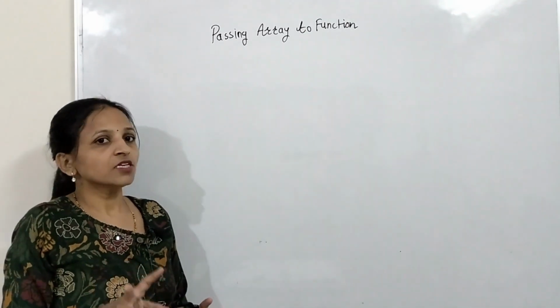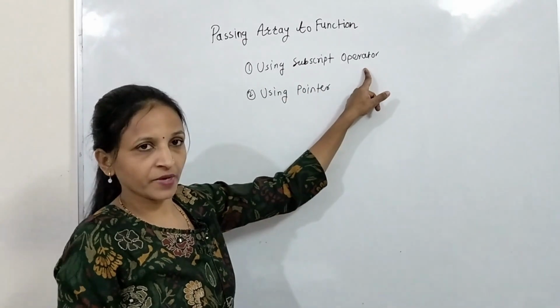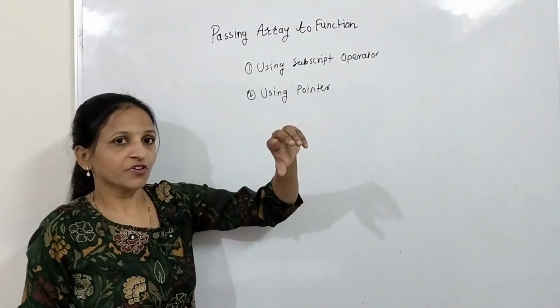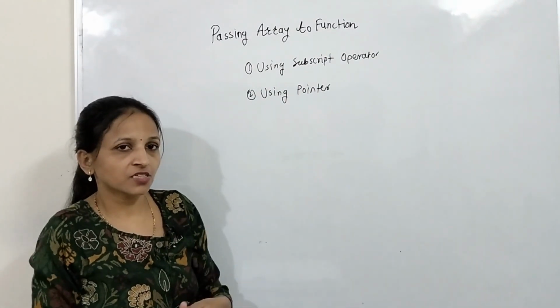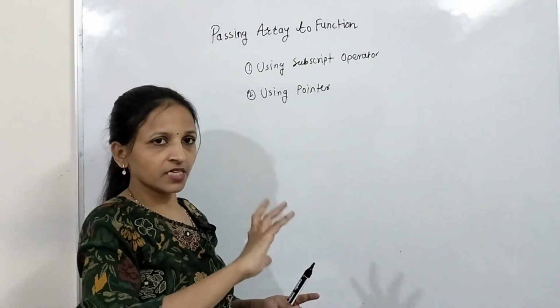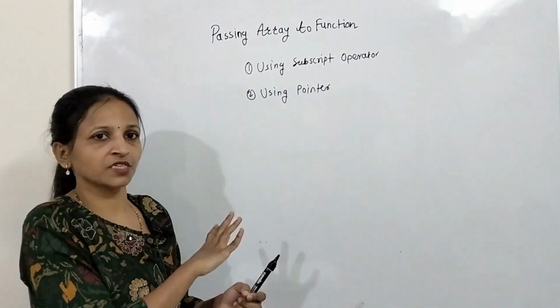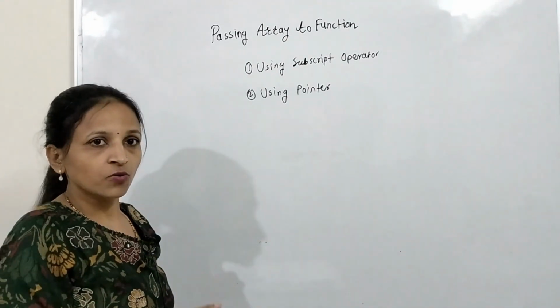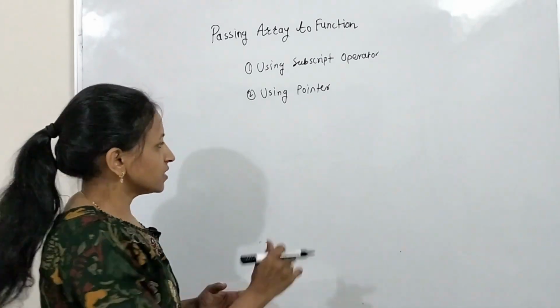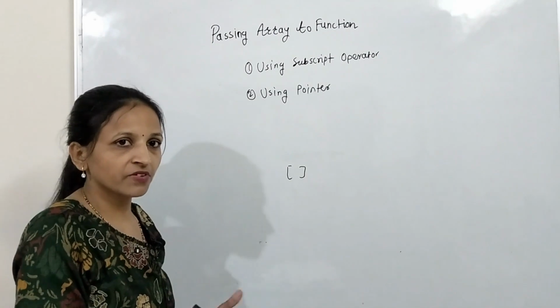See, there are basically two ways to pass an array to a function. The first one is using the subscript operator, means in the function definition or declaration, and whenever we are giving those arguments, in that argument list we can mention the subscript operator, whatever we have seen while learning the basics of arrays, that the square bracket is a subscript operator. With the help of that subscript operator we can pass.